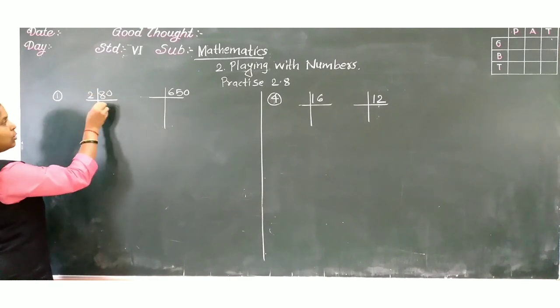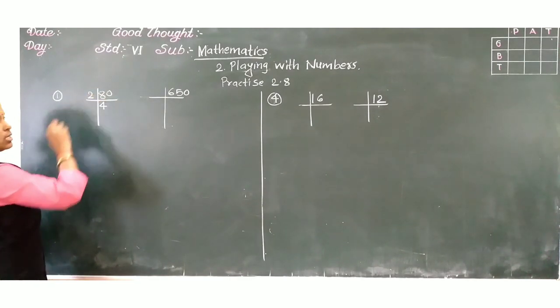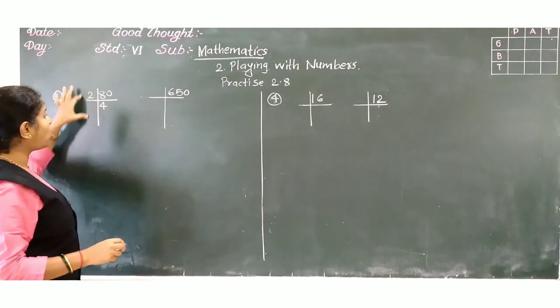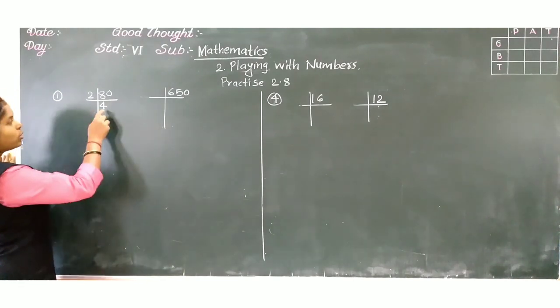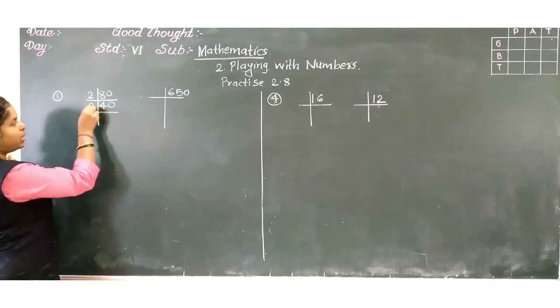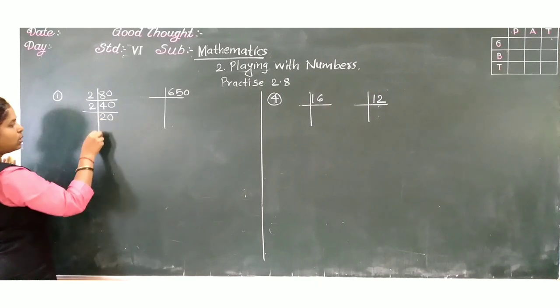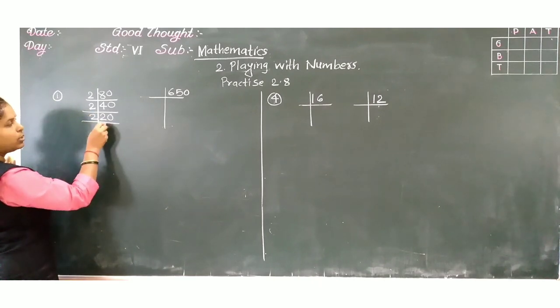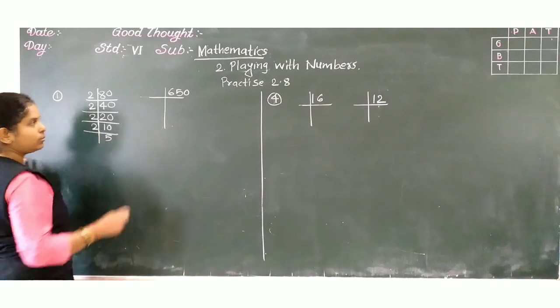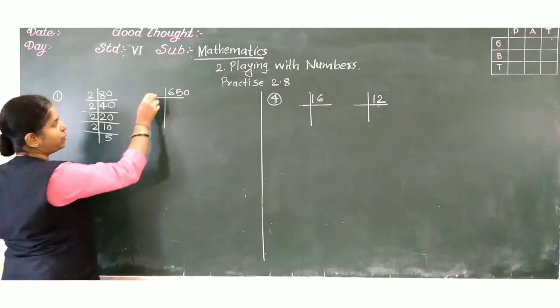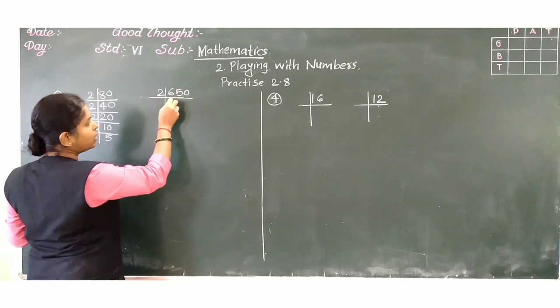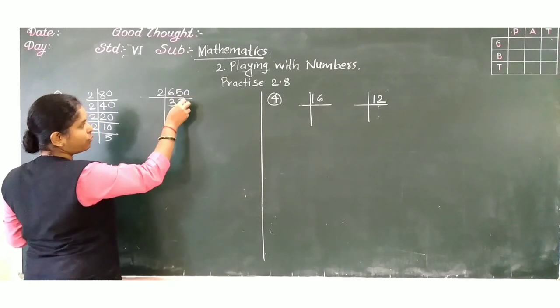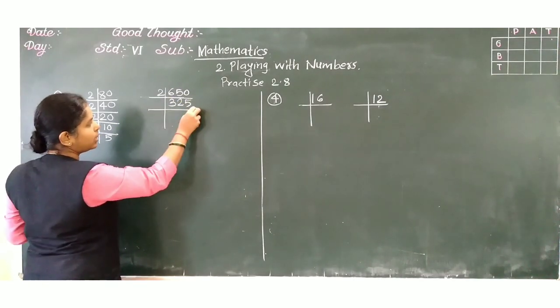So here, divide. This is divisible by 2. Here all prime numbers should come. 2 fours are 8, then 2 twos are 4, then 2 fives are 10, and then 2 fives are 10. Now here 650, I will divide it by 2 only. 2 threes are 6, 2 twos are 4, 2 fives are 10.